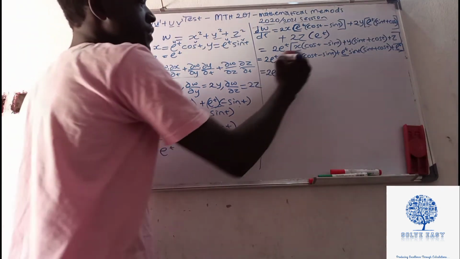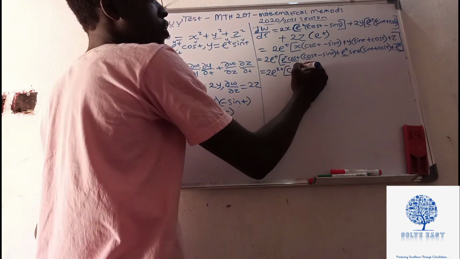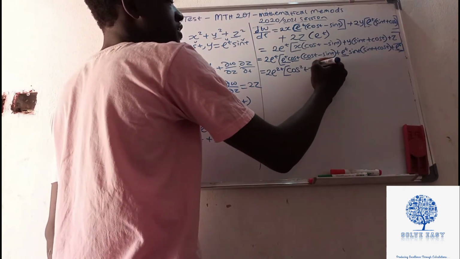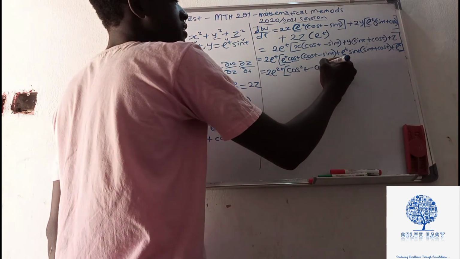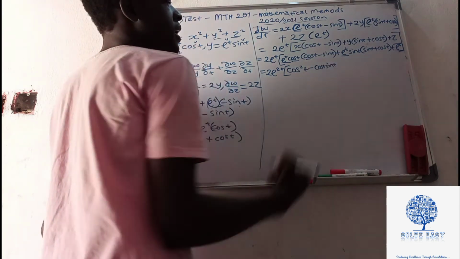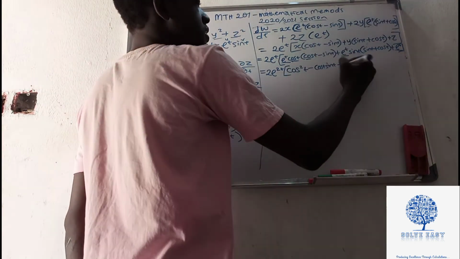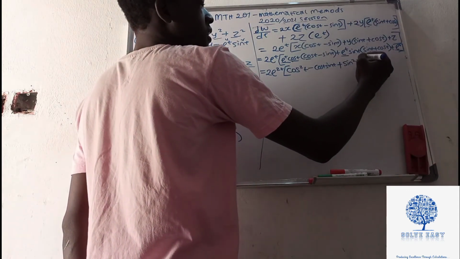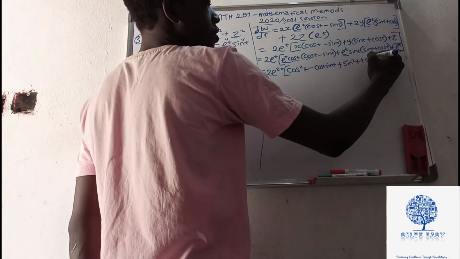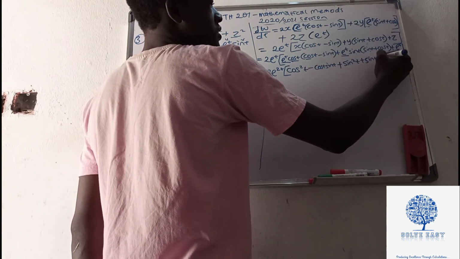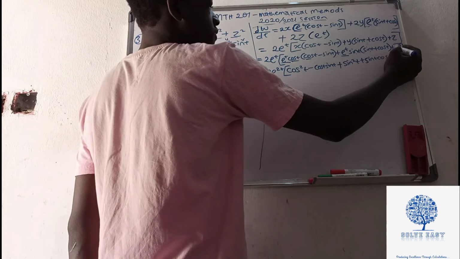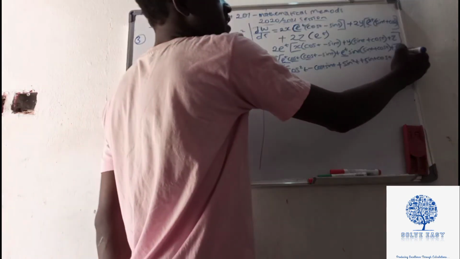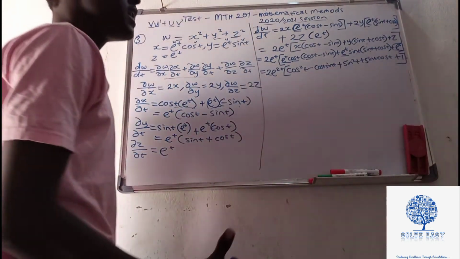Then we are left with cos t times cos t gives cos squared t, cos t times minus sin t gives minus cos t sin t, plus sin t times sin t gives sin squared t, sin t times cos t gives sin t cos t, and then we are left with 1 here, because we have taken out e^t from everything.